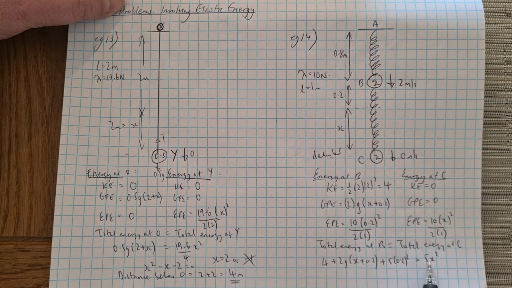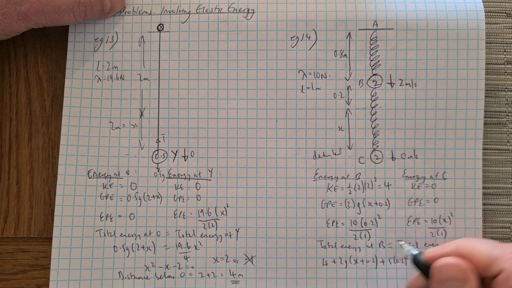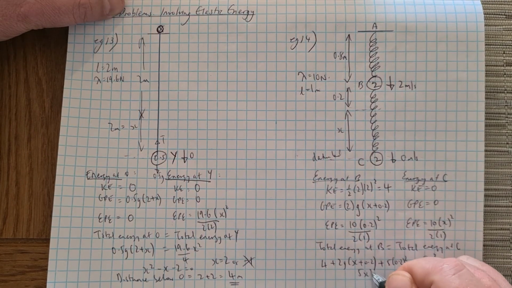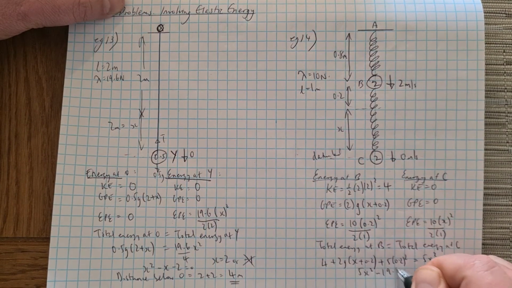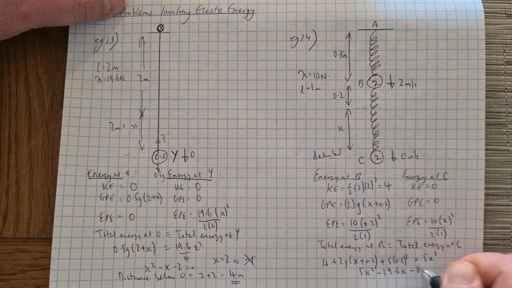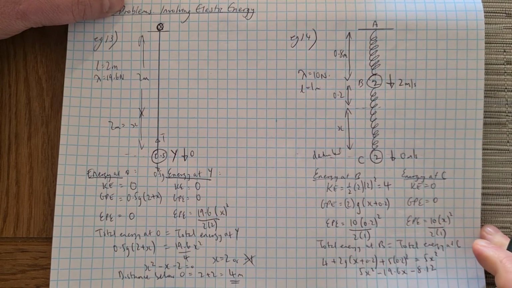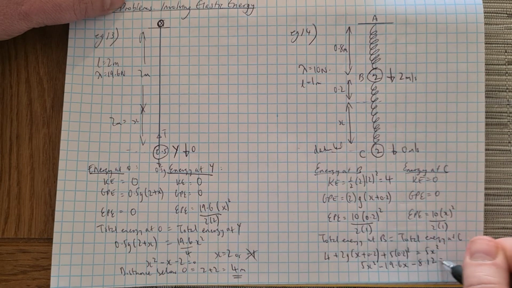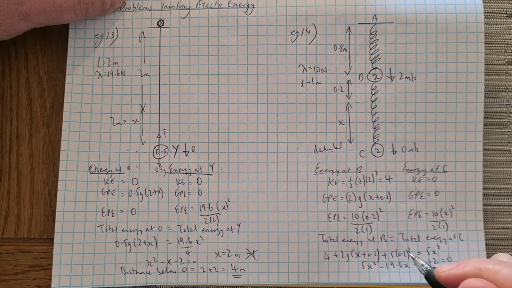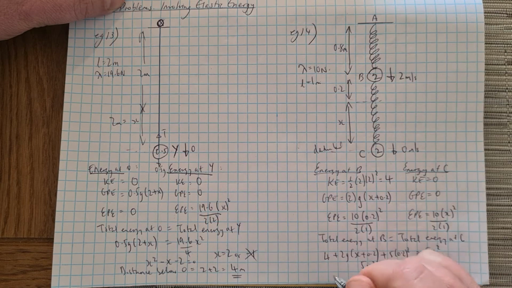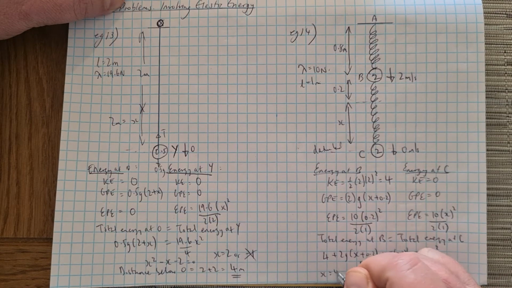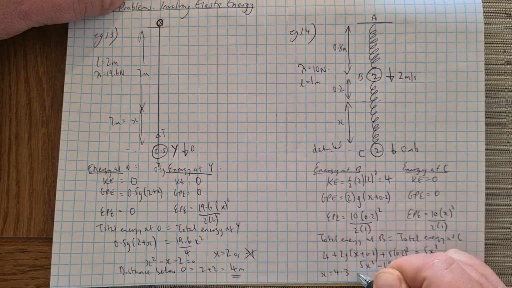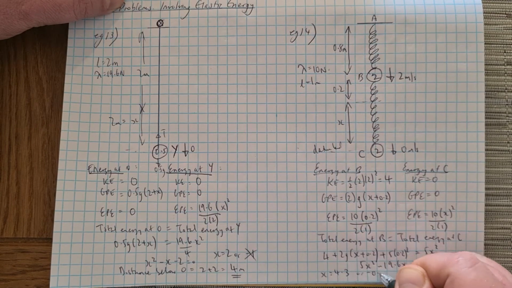So we've got a quadratic again that we can set up, and that ends up being 5x squared minus 19.6x minus 8.12. As I'm running out of space, if I just use the calculations that they have in the book, that will equal 0, and we end up with the positive value of x being 4.3 or minus 0.38.